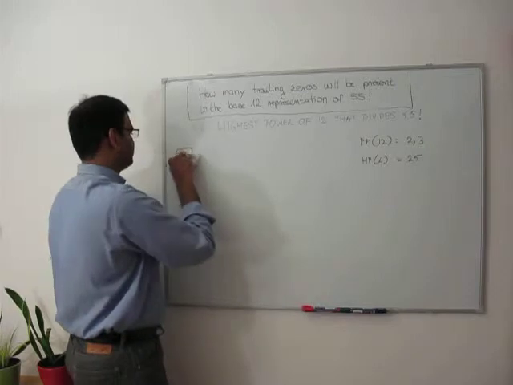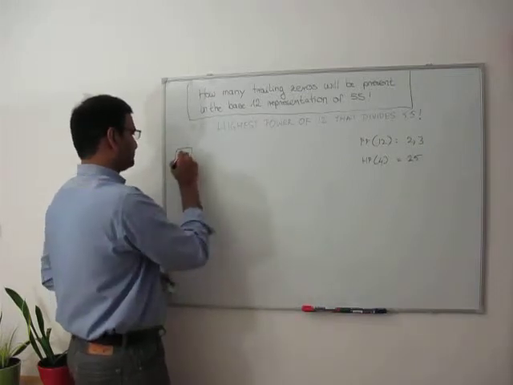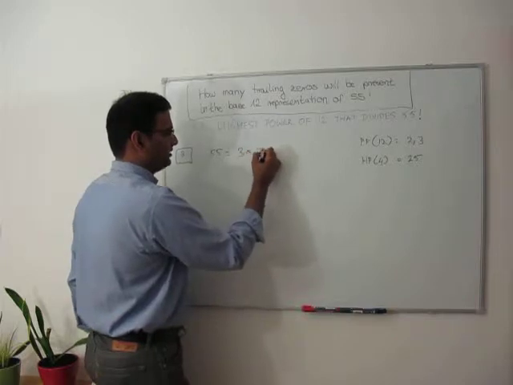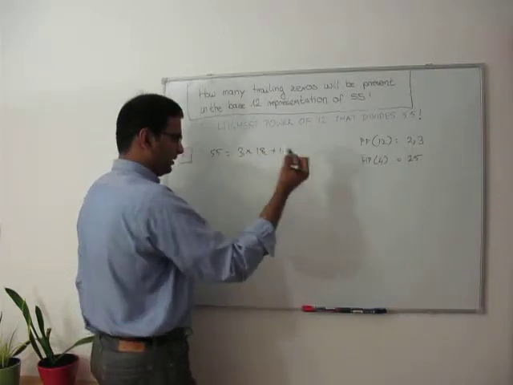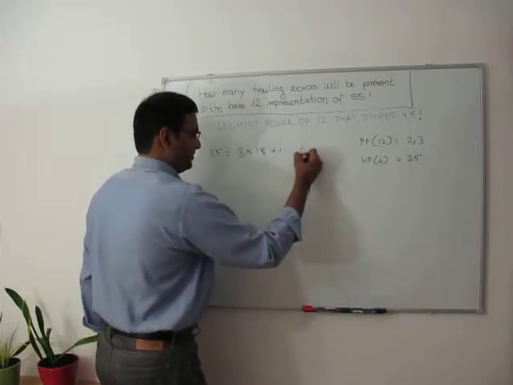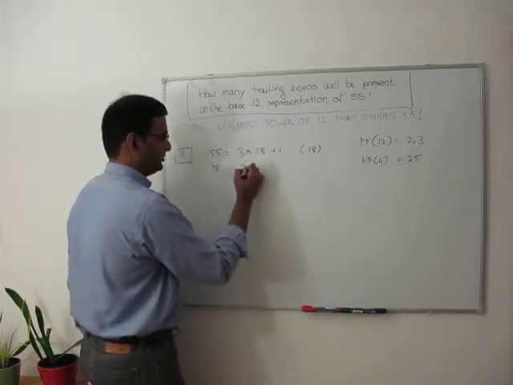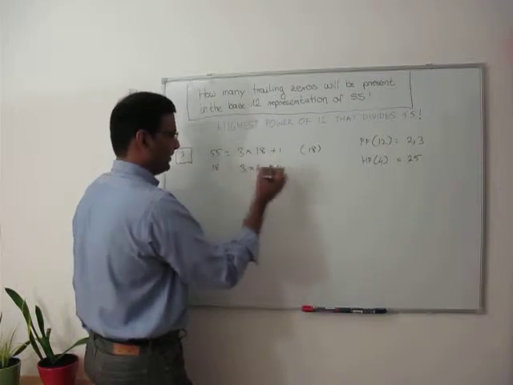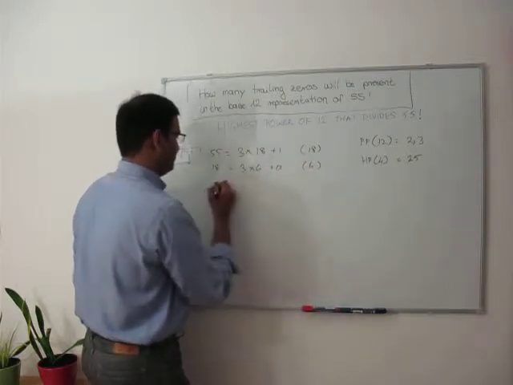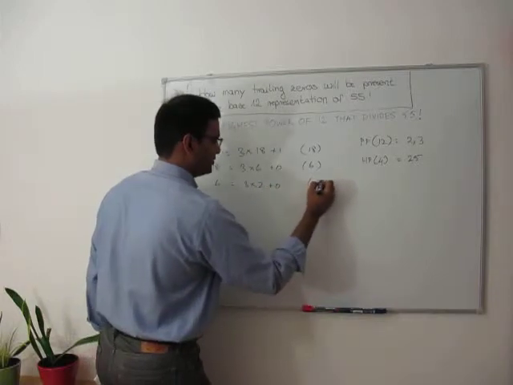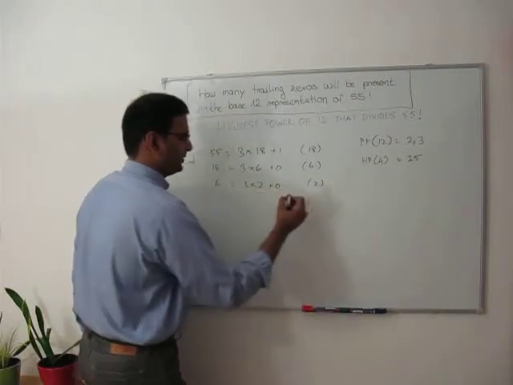So, taking 3 here, 55 could be written as 3 times 18, that would be 54 plus 1. As we did before, let's move 18 to the side. 18 could be written as 3 times 6 plus 0, perfect. So take 6 here, 6 would be 3 times 2 plus 0, so we take 2. 2 is smaller than 3, so we leave it at that.